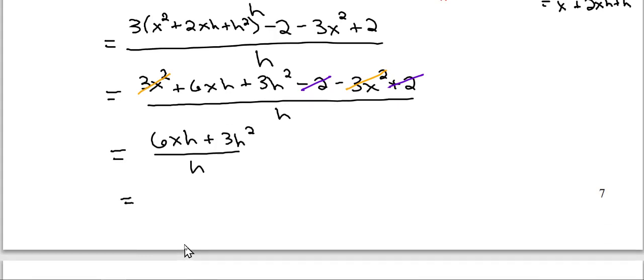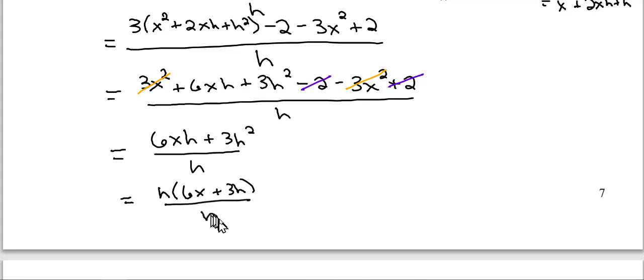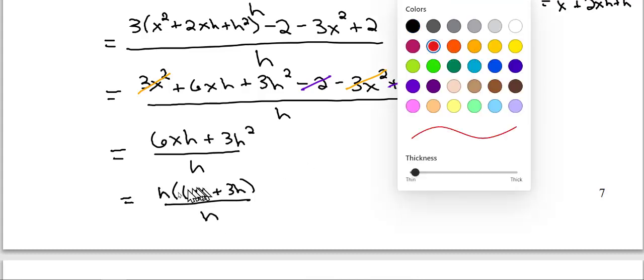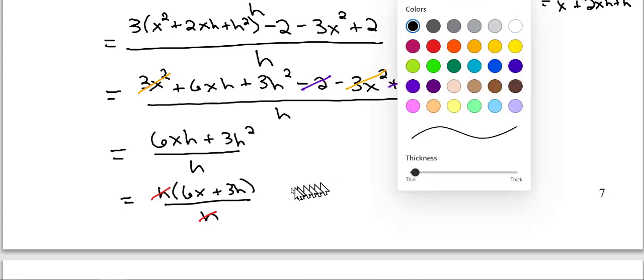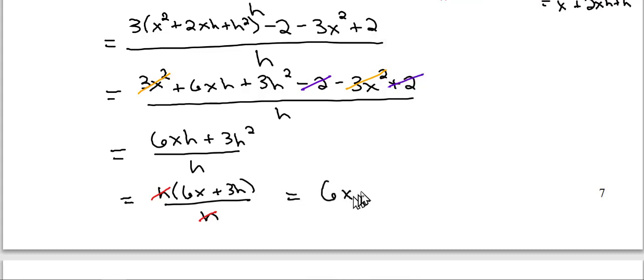Still not done. I can factor out an h so that I can simplify it, giving me a final answer for my difference quotient in its most simplified form of 6x plus 3h. That is the difference quotient.